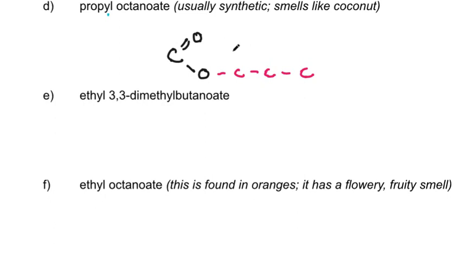I hope you will indulge me this spot of laziness, and on assignments and exams, please do include the hydrogens, but just so we can get through these a little more swiftly. Propyl group there, and octanoate means a chain of 8 carbons. 1, 2, 3, 4, 5, 6, 7, 8.